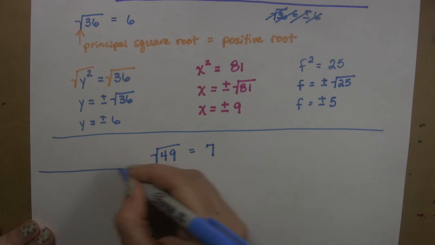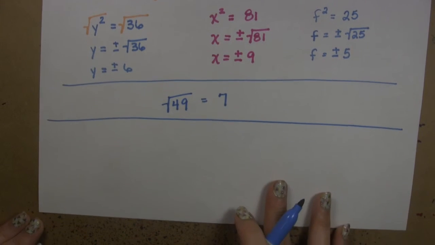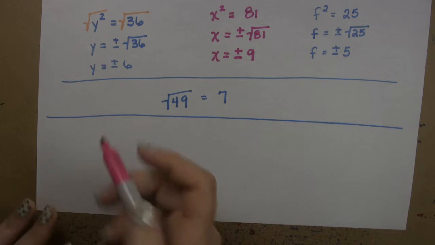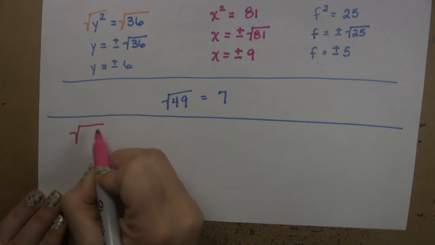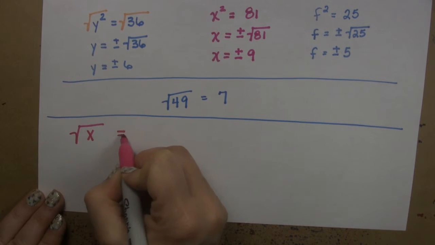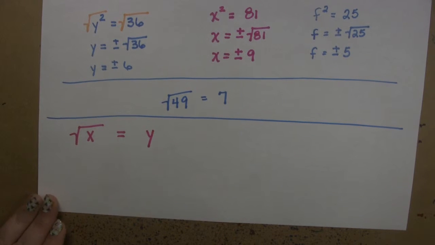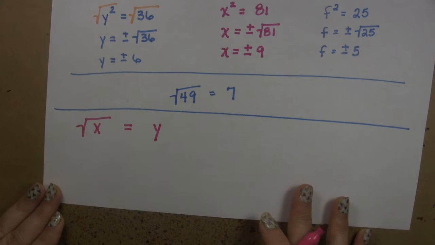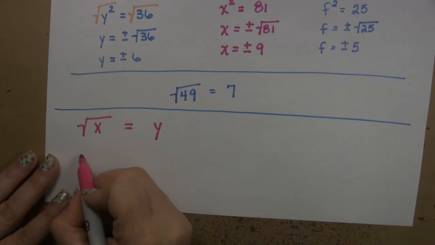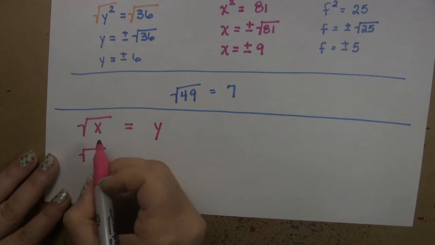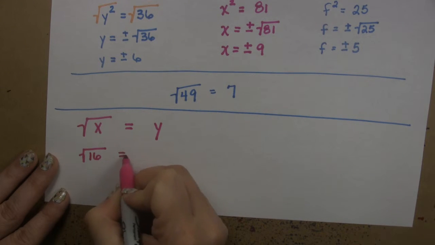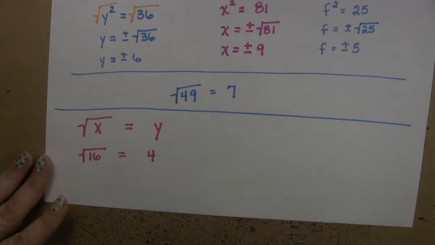Now, let's talk about negative numbers for just a second. Let's say that I know that the square root of x equals some number y. Okay? The square root of x equals some number y. So you could maybe think of this as the square root of 16 equals 4, right?